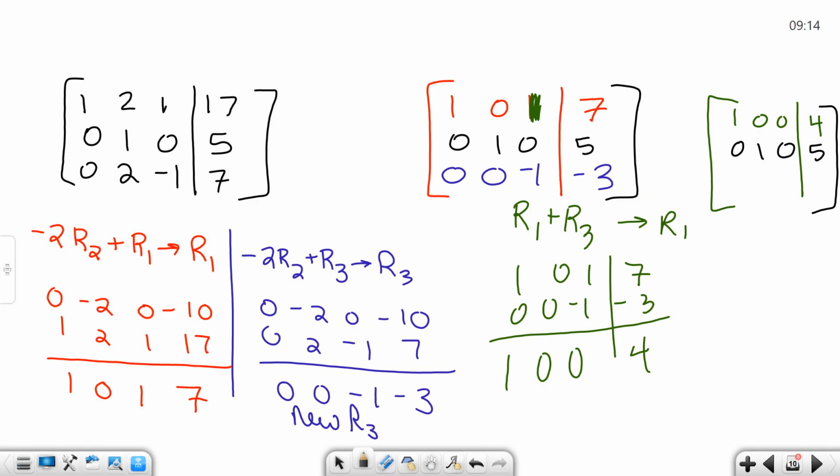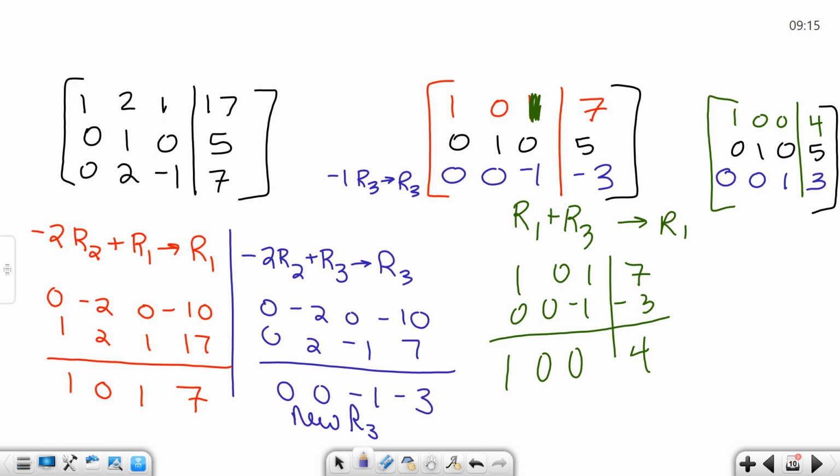All right, so my row 1 looks great, and my row 2 looks great. Row 3 does not. So I'm going to go back to the row 3. Remember, I need a 1 there. Well, that's easy to fix. I'm going to say -1 row 3 would replace my row 3.